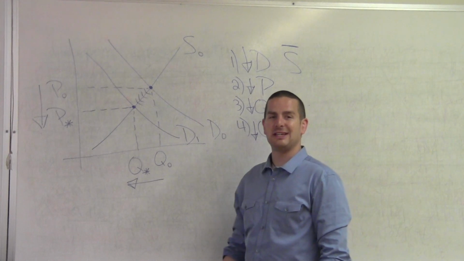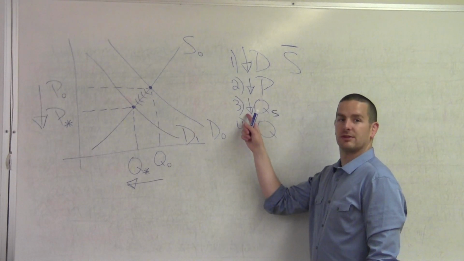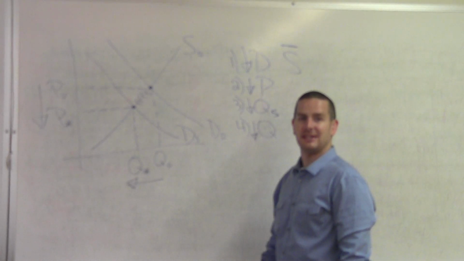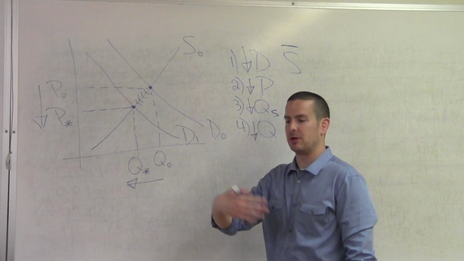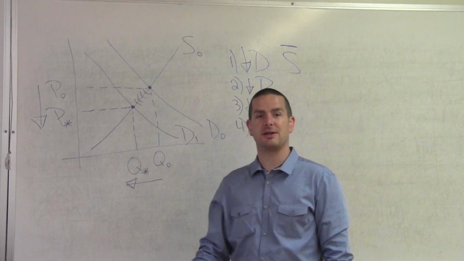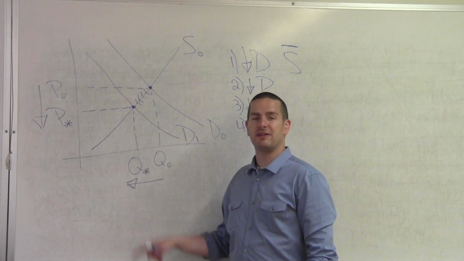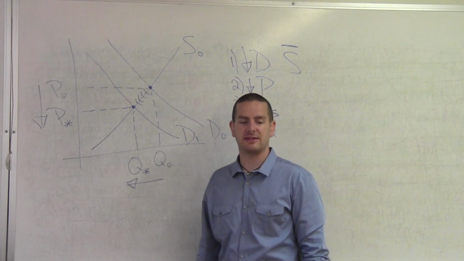Once prices decrease, then that's going to cause the quantity supplied to decrease. Okay, that's just simple, it's the law of supply. Prices go down, quantity supplied goes down. Finally, the overall quantity of economic activity has decreased.